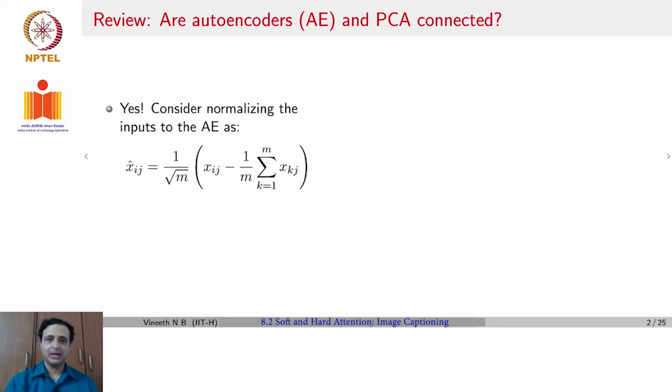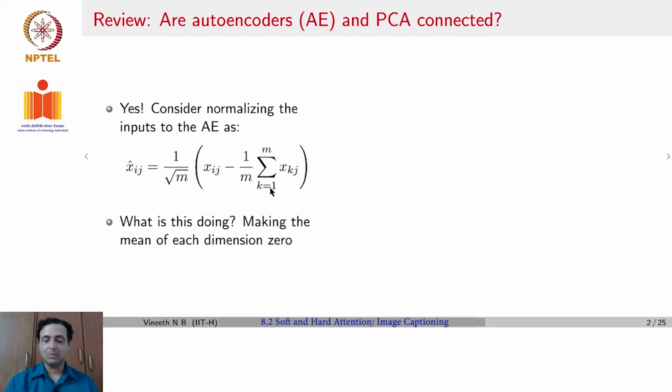If you normalized your data to the autoencoder in a particular way, where x hat, the normalized data, is given by 1 by root m into x minus the mean of that dimension under consideration. So what is this normalization doing? It is making the mean of each dimension 0.